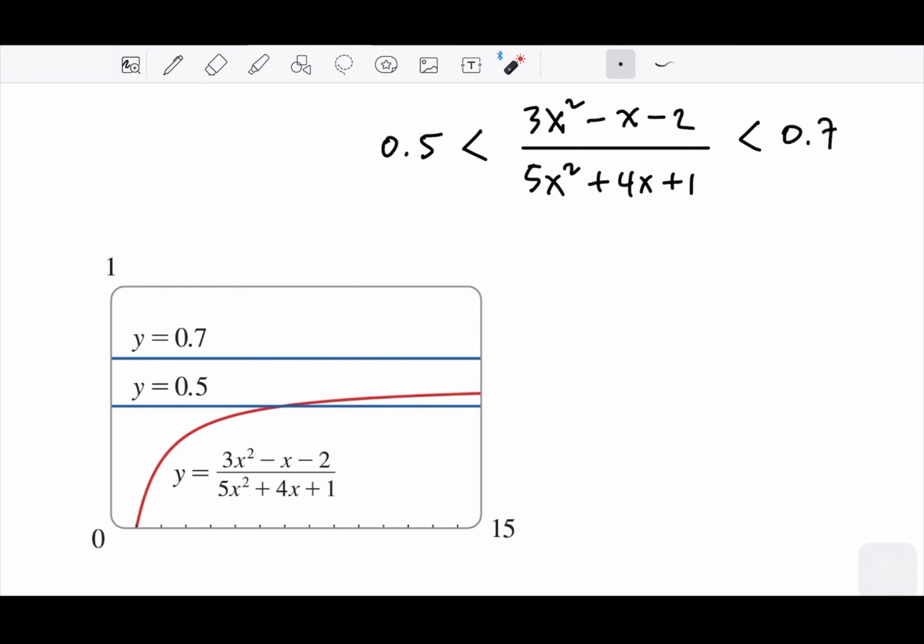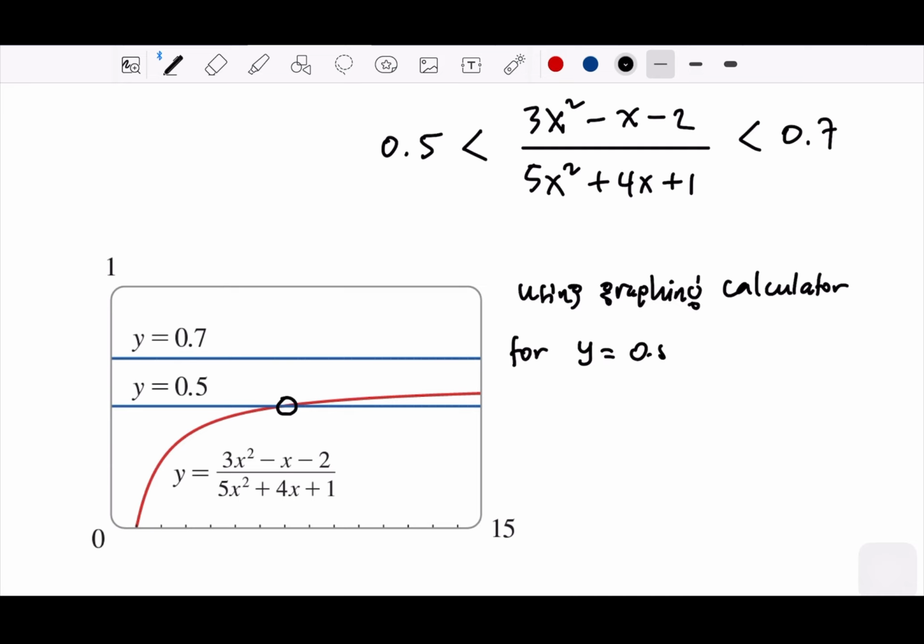If we take y as 0.5 and try to find exactly this point using a graphing calculator for y equals 0.5, we get x around 6.7.